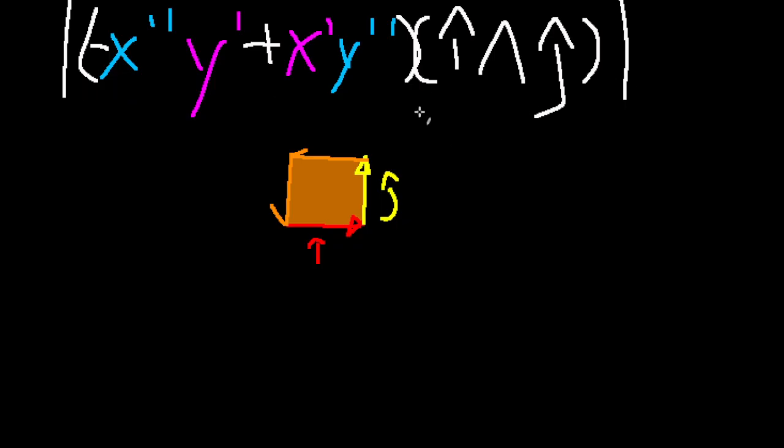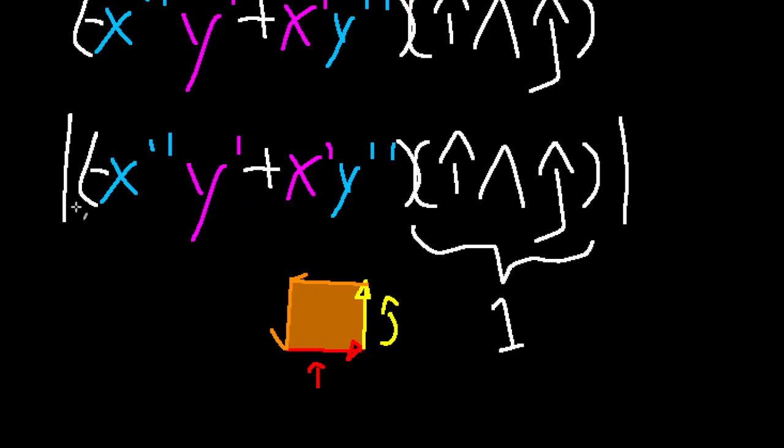So this right here would then have a magnitude of 1. And then we're multiplying it by all of this stuff right here. So 1 times whatever all of this is, then we just get minus x double prime y prime plus x prime y double prime.